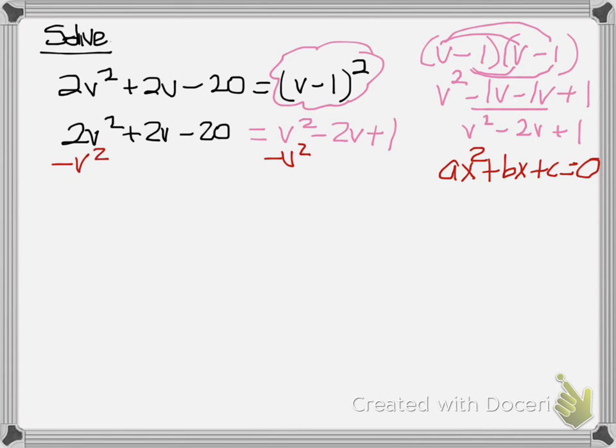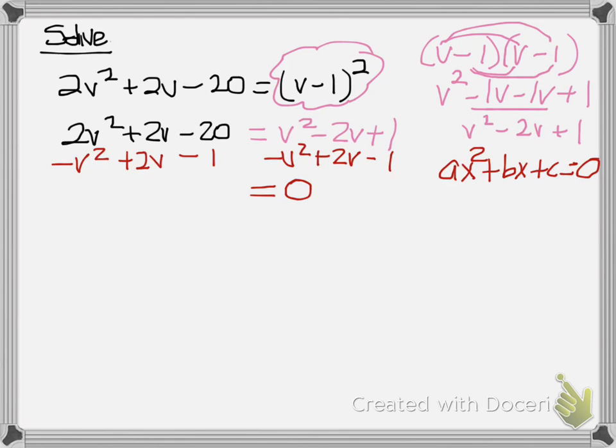So I'm going to do the inverse operations so that I can move them all to the other side. So I subtracted v squared, I added 2v, I subtracted 1. So now what am I going to end up with on the right-hand side of this equation? What's going to happen with all those guys? They're going to be crossed out. They're going to make a 0.